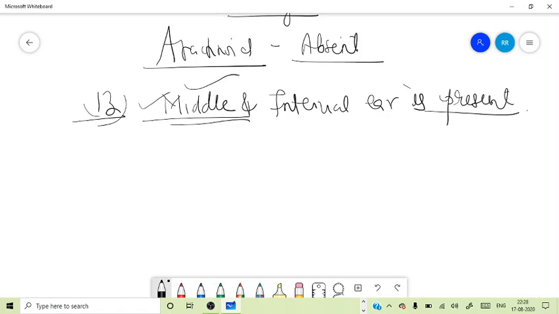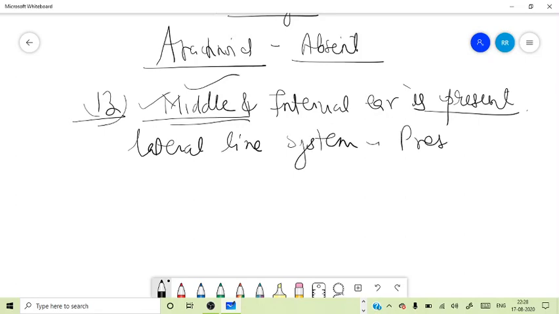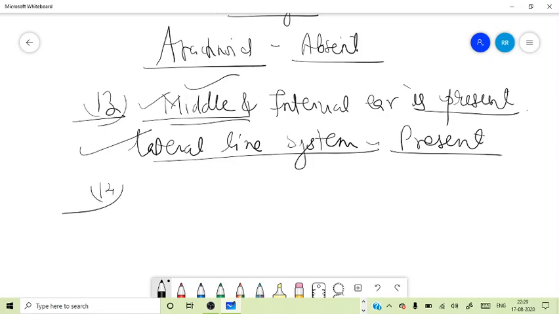And the lateral line system is also present, as it is also present in fishes. So here it is present due to aquatic life. Lateral line system as a sensory organ is present in amphibians.